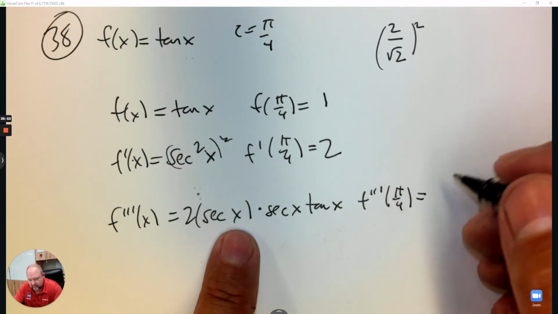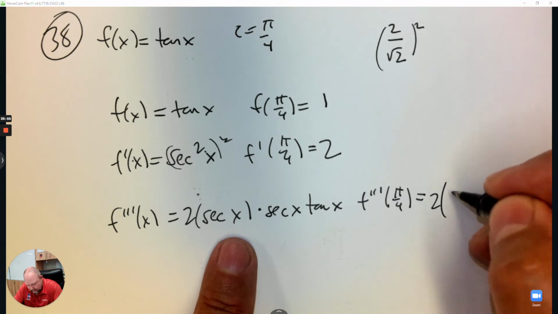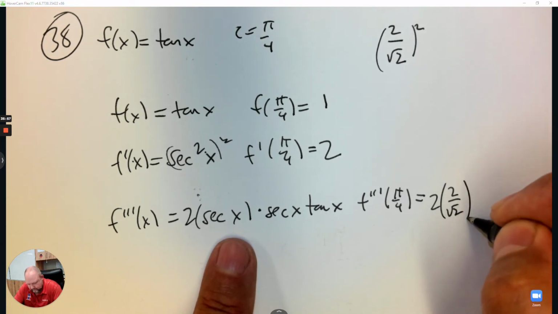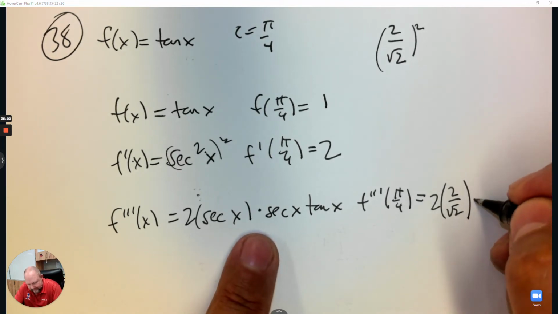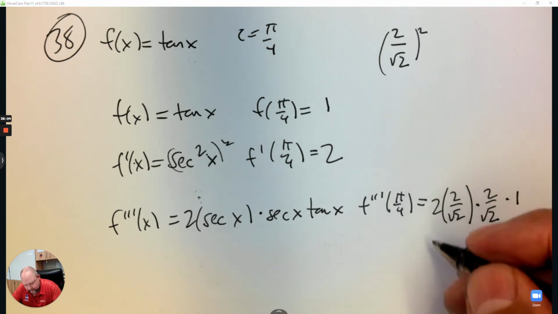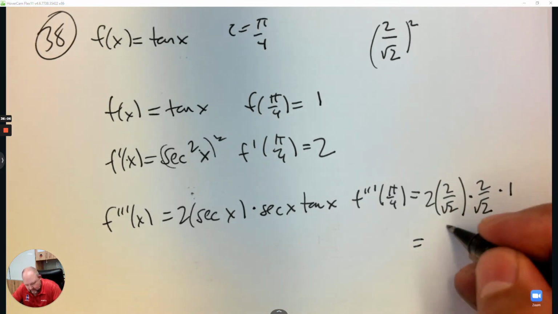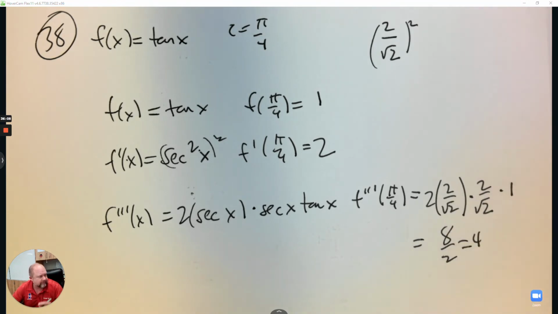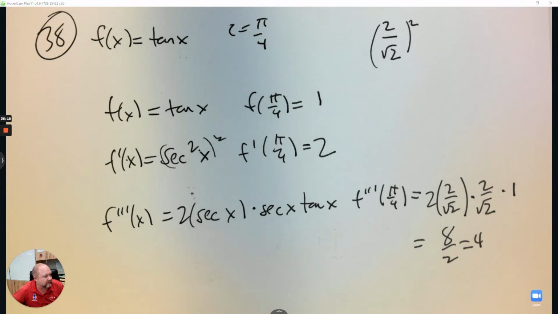So again, the value of pi over 4 is the reciprocal 2 over root 2 times 2 over root 2 times 1. So that gives me 8 over 2, which equals 4. That's good enough for me.